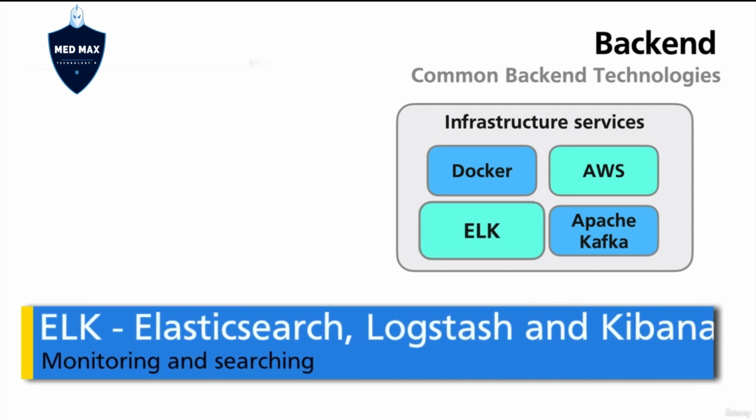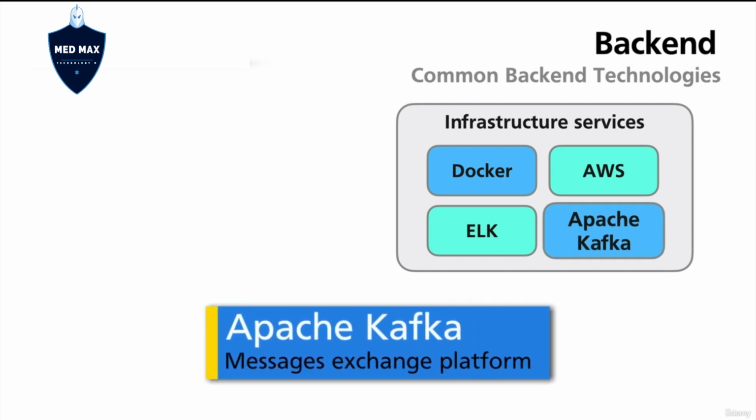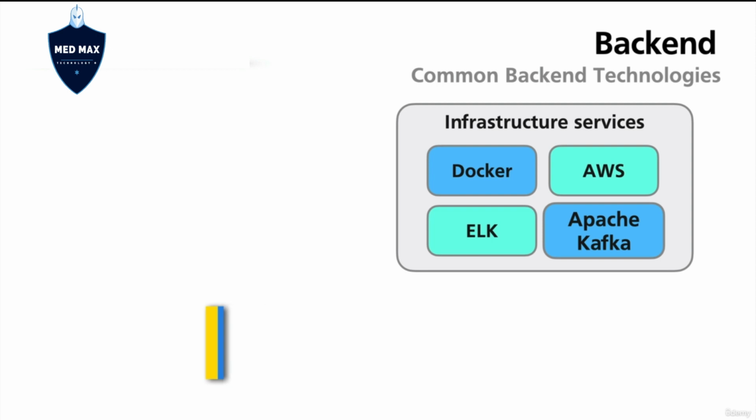ELK, which stands for Elasticsearch, Logstash, and Kibana, helps to implement monitoring, logging, and search functionality for the backend services. Apache Kafka is high-speed message exchange between different services, which is programming language agnostic. Therefore, different services could talk to each other via Apache Kafka.